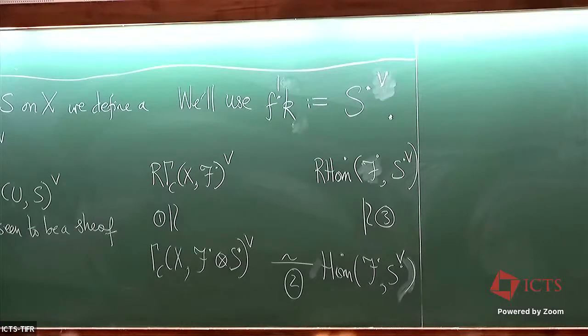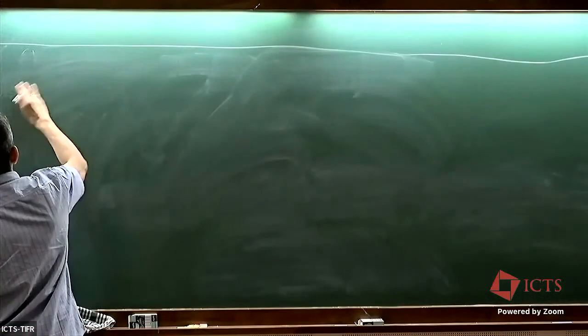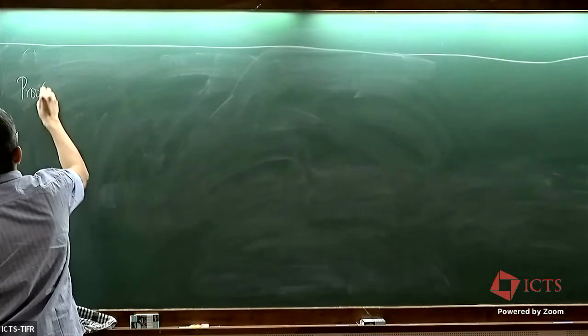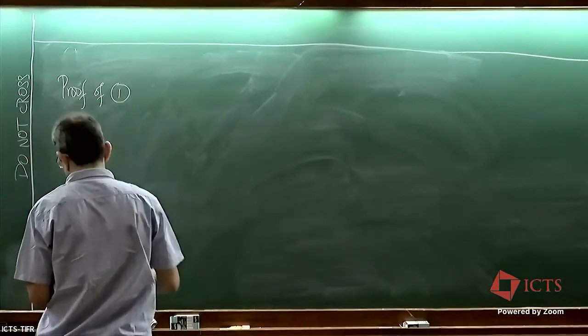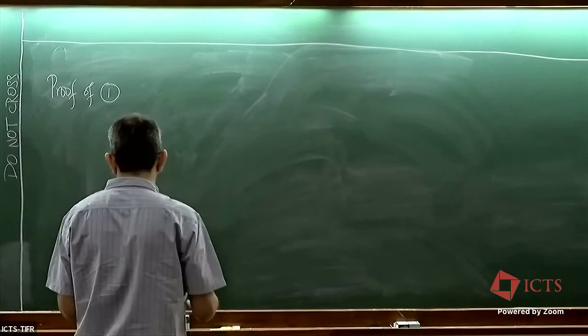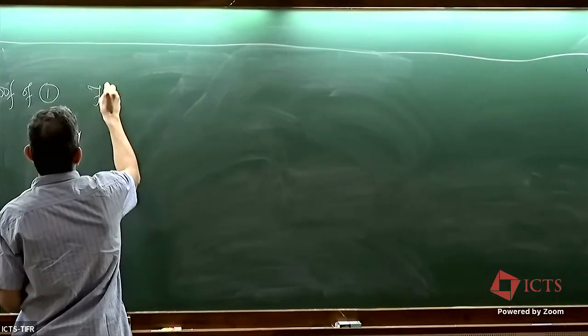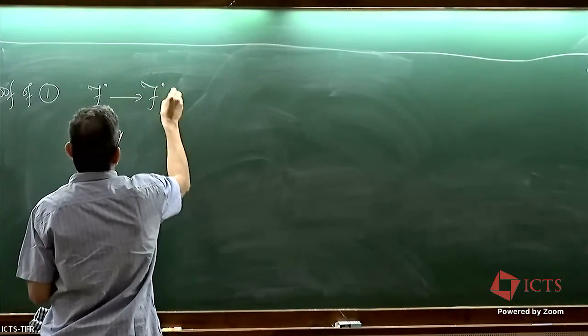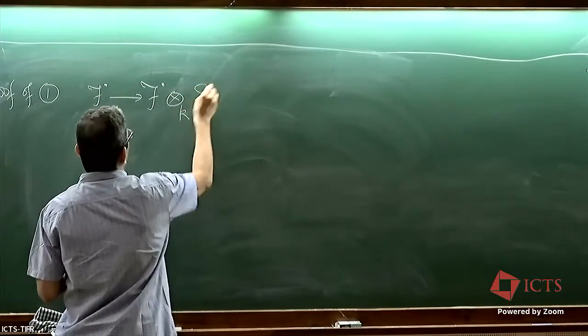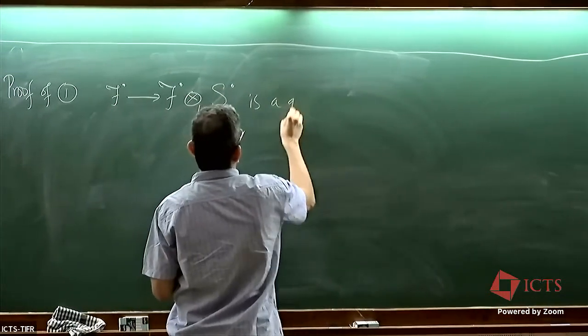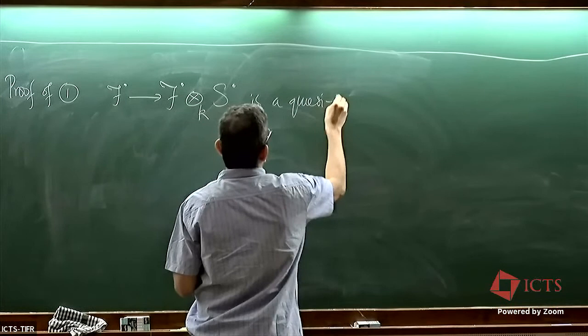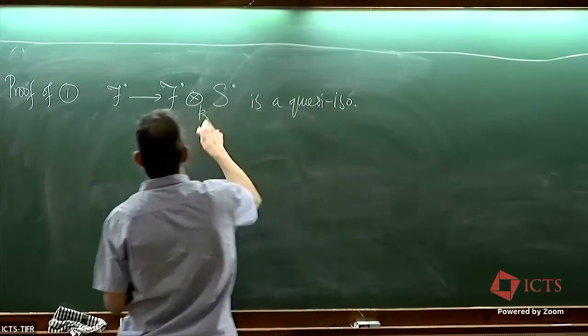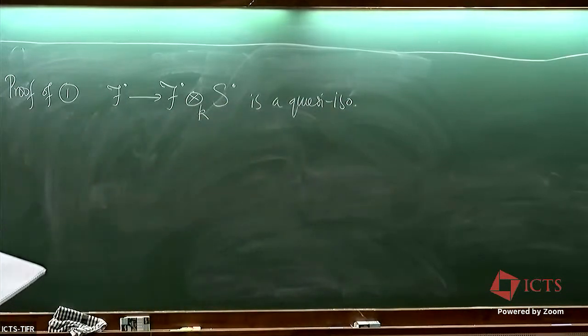So, proof of 1. Of course, this is a quasi-isomorphism because K is a field, so everything is flat and exact.